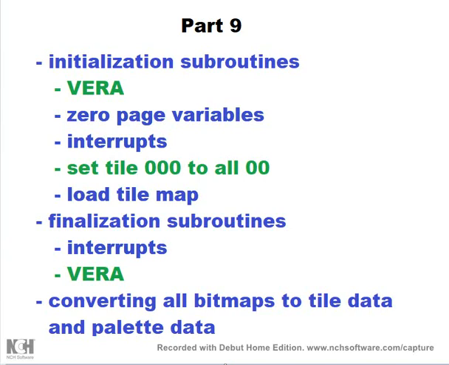We got to write a finalization subroutine for Vera that puts everything back where it was, and we got to write a short subroutine that sets tile 0 to all zeros. Other than that, we've already got our initialization subroutines. So we got one that initializes the 0-page variables, one that initializes the interrupts, and one that loads the tile maps, and we've got something that resets the interrupts at the end. So after we do those ones in green, then we're going to convert all those bitmaps.